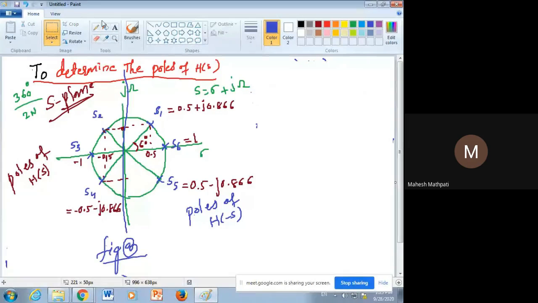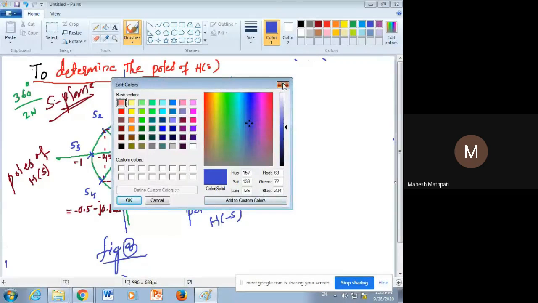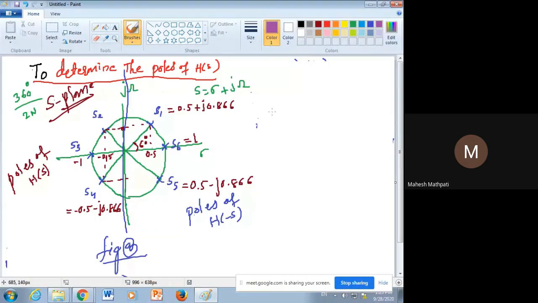Hn of s is equal to, or simply we can write generally H of s is equal to 1 divided by, left half of the poles means what? s minus s2, then s minus s3, and s minus s4.